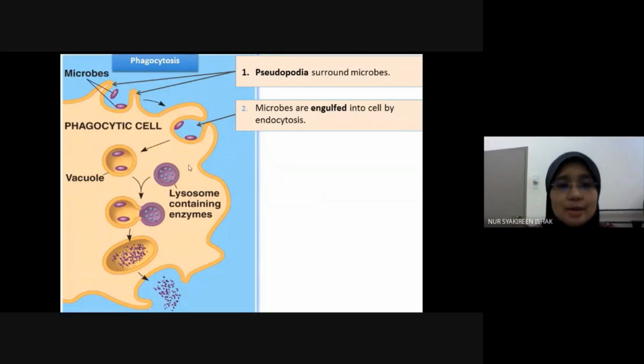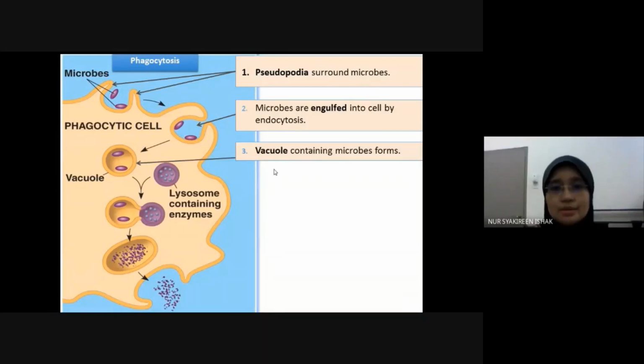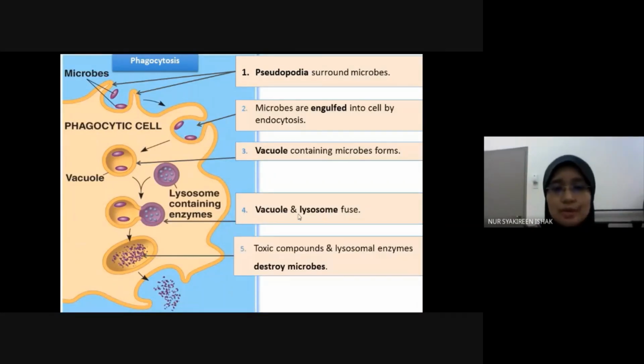And then the vacuole fuses with lysosome, and the lysosome containing nitric oxide and lysozyme will digest the microbe into debris, and the debris is excreted through exocytosis. So these are the mechanisms. Vacuole and lysosome form and fuse, and then toxic compounds and lysosomal enzymes destroy microbes.